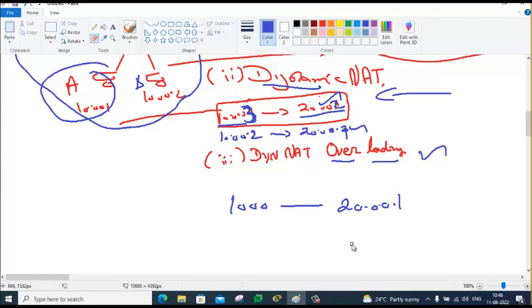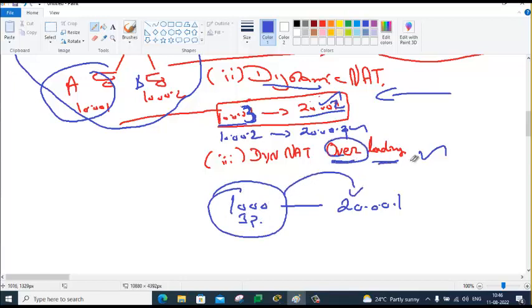Just one address. How beautiful, you see. All 1,000 IP addresses can be mapped to one single address. That's why it is overloading. You got it?